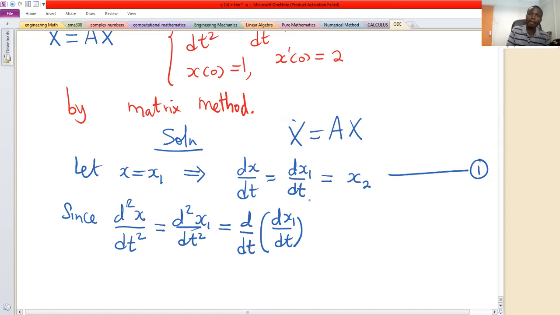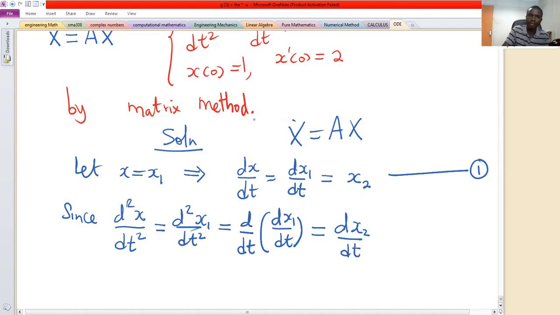Now, because we have already specified that dx1 dt is x2, this is the same as dx2 dt.